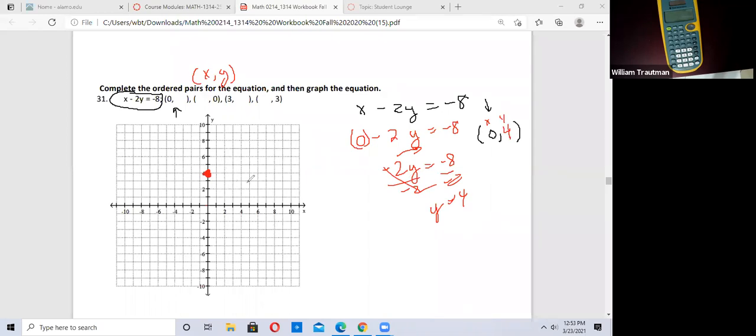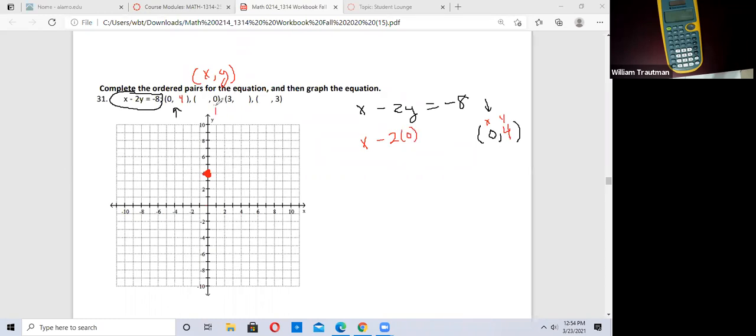Okay, now I'm going to erase what I just wrote down in red. And I'm going to do the next dot. This time, our y is 0. So I'm going to put x minus 2 times y. Y is 0 this time. Do you see?